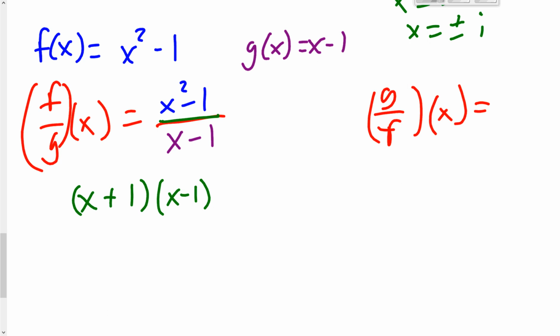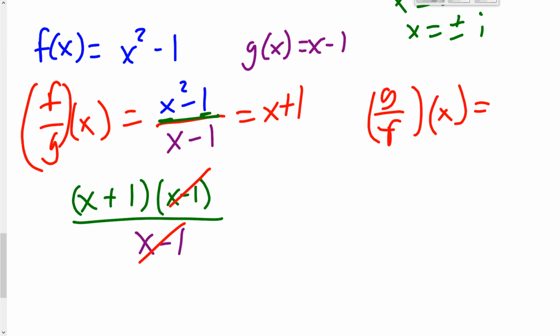We have our quadratic and we have our constant, but we don't have a linear. And on the bottom, I can't factor the bottom. It's just x minus 1. So notice that these cancel out. So the answer to this division is x plus 1.